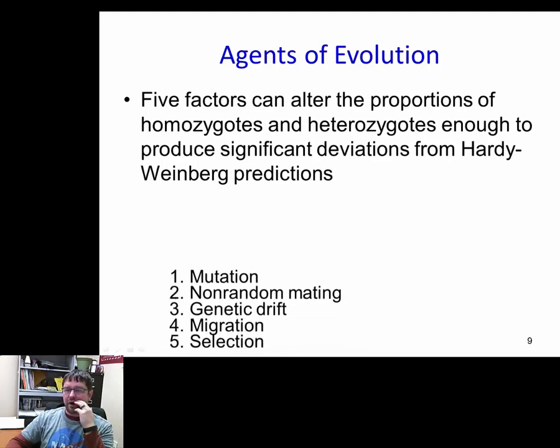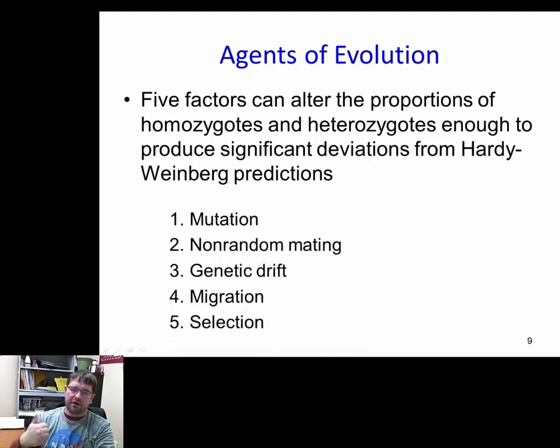You can pretty much put the opposite out there. If you have high mutation rates, if your mating is non-random, so there's mate selection. If you have genetic drift, we'll get to genetic drift, but that happens in really small populations, and it's like flipping a coin 10 times.